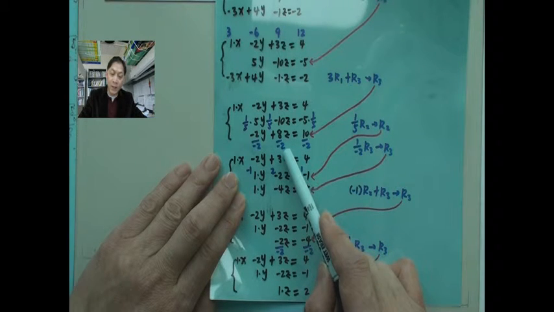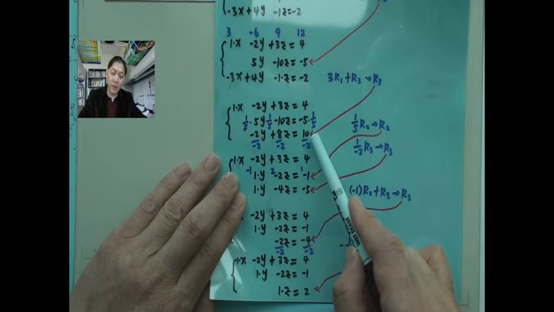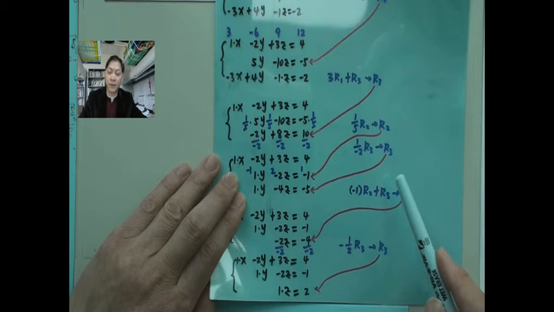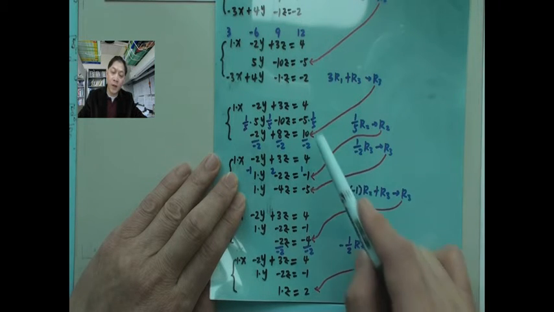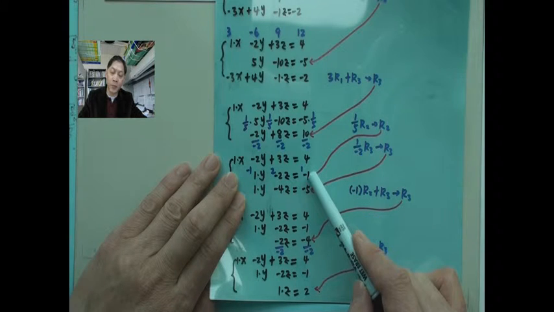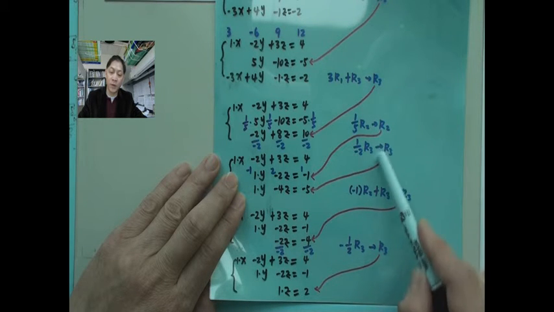Positive 8 divided by negative 2 is negative 4. 10 divided by negative 2 is negative 5. So then you see R2, R3 now become the new R2, R3 by using this operation.